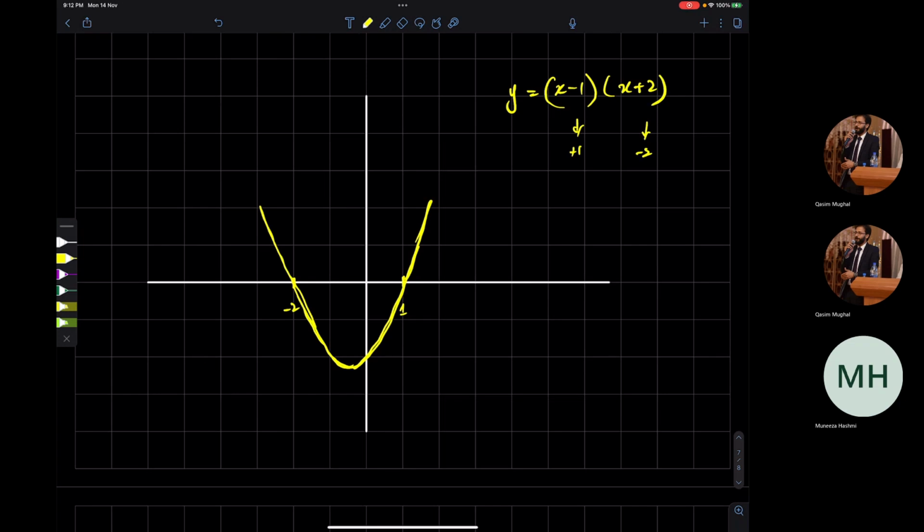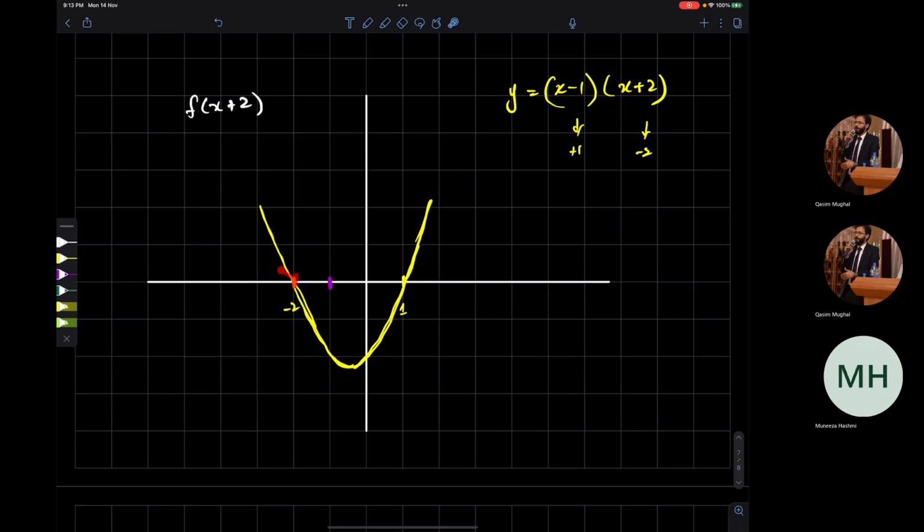Got it? All right. Yes. Now part B, examiner is asking you to, on a separate diagram, sketch the graph of y equals f of x plus 2. f of x plus 2 means the same graph will be shifted towards left by 2 units. So basically, now this one, 2 units to the left, now the graph is going to cut from here.